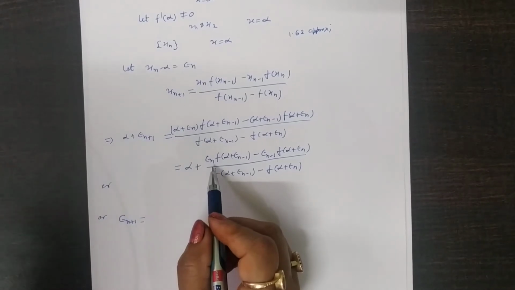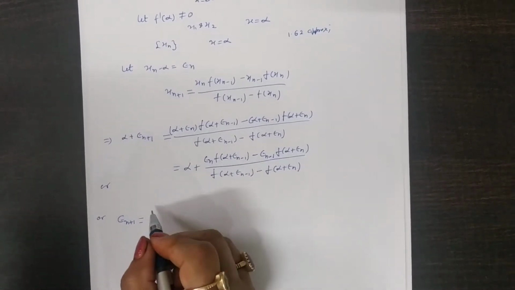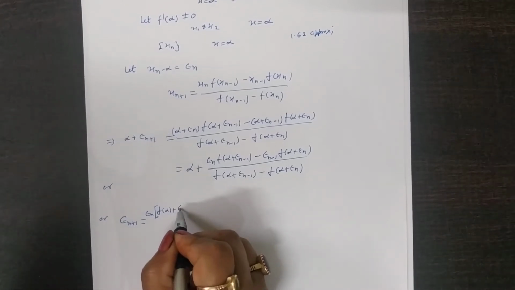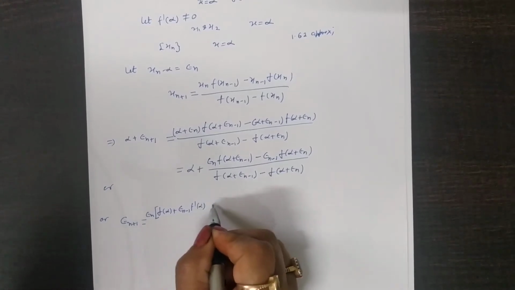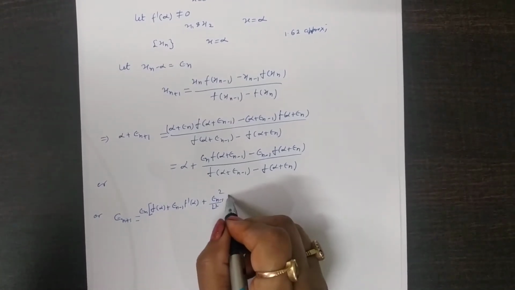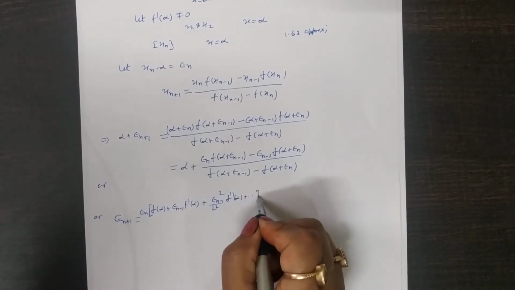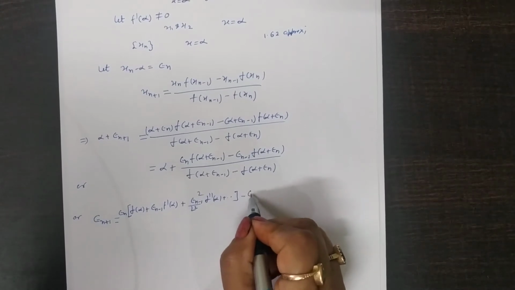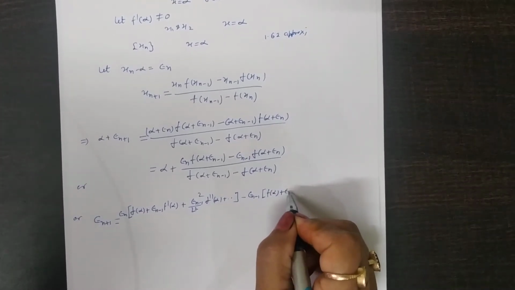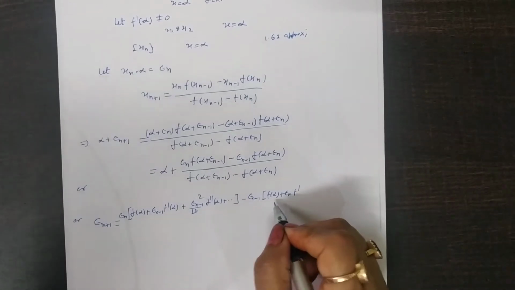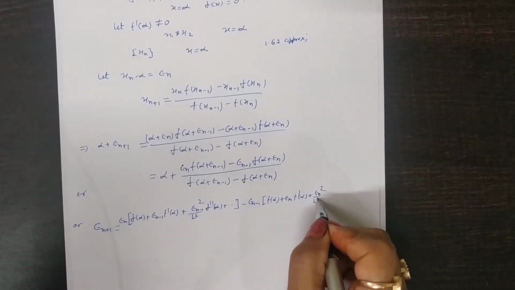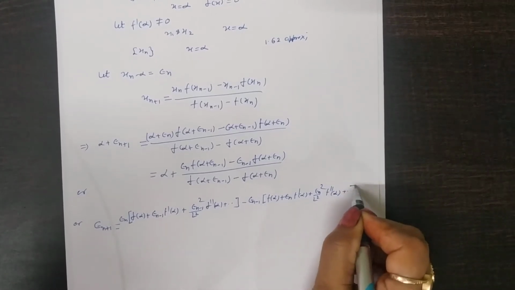Epsilon(n+1) is equal to this, and now expanding the terms by Taylor series: epsilon n times f(alpha) plus epsilon(n-1) f'(alpha) plus epsilon(n-1) squared by factorial 2 f''(alpha) plus so on, minus epsilon(n-1) times f(alpha) plus epsilon n f'(alpha) plus epsilon n squared by factorial 2 f''(alpha) plus so on.